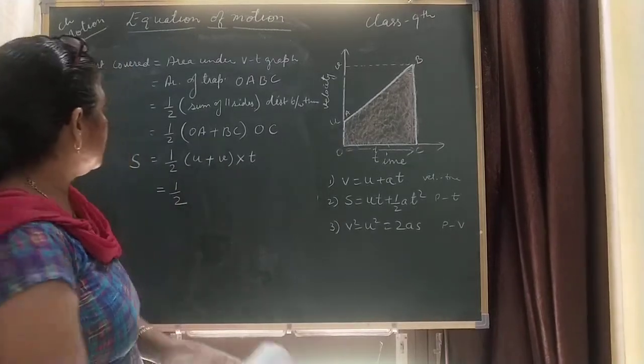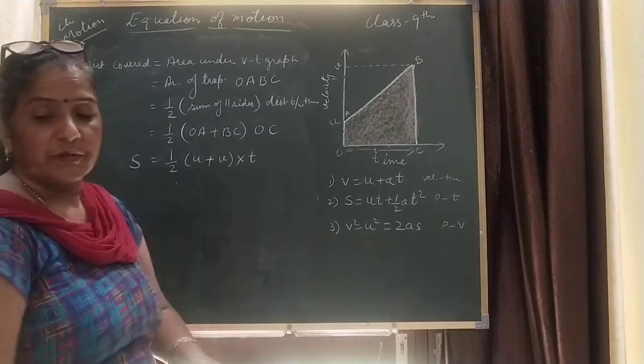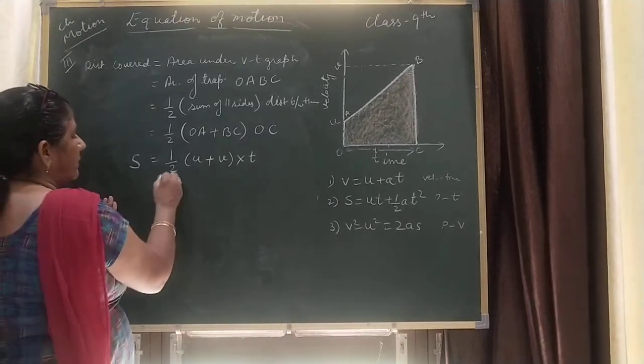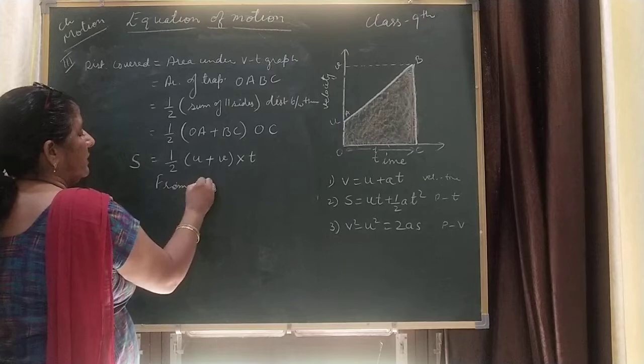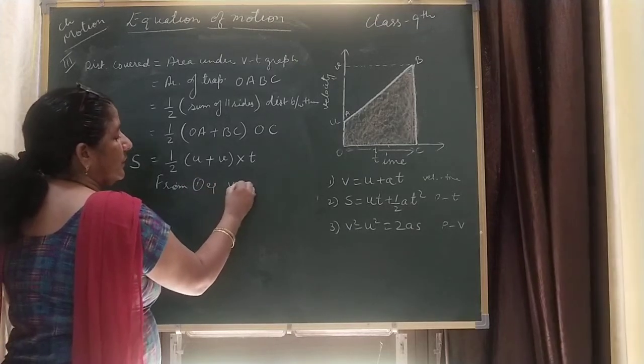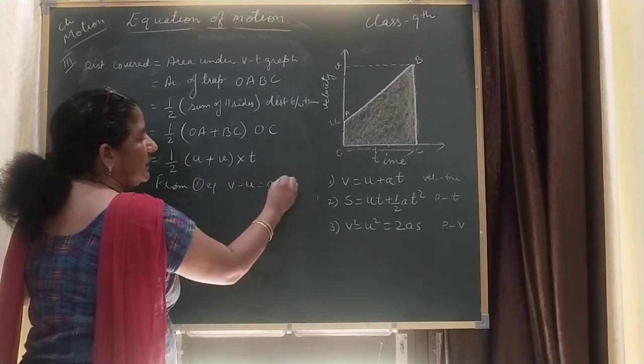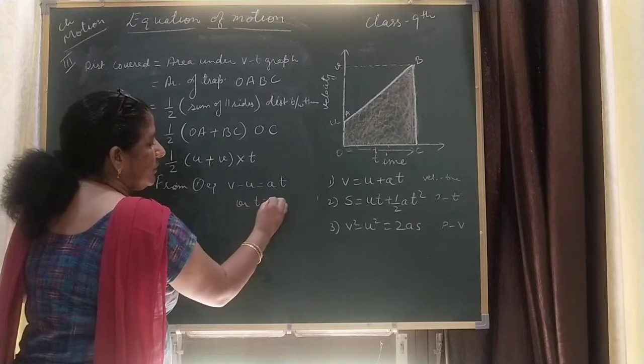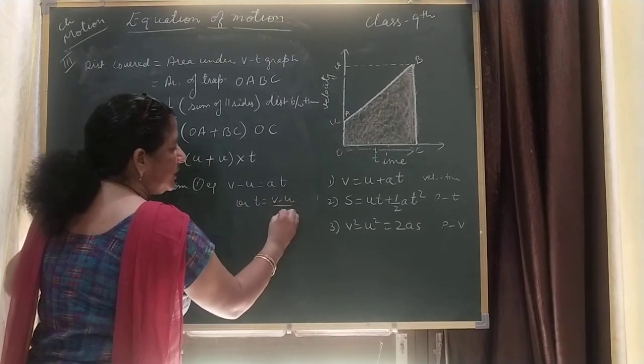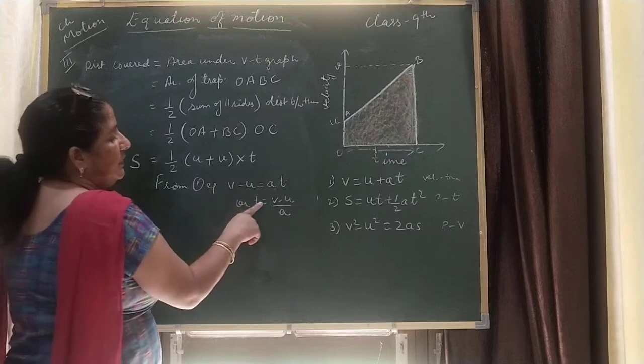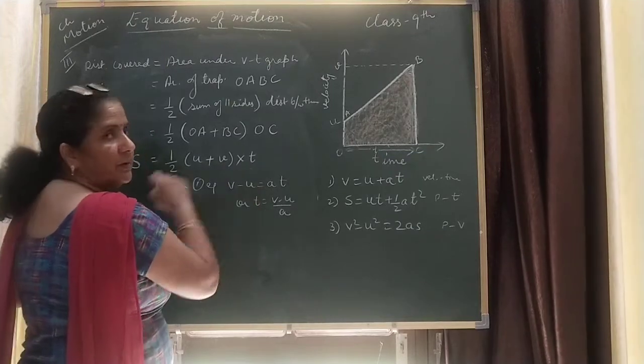From the first equation of motion, we know V minus U equal to AT, or T equal to V minus U upon A. Put the value of T from here to here.